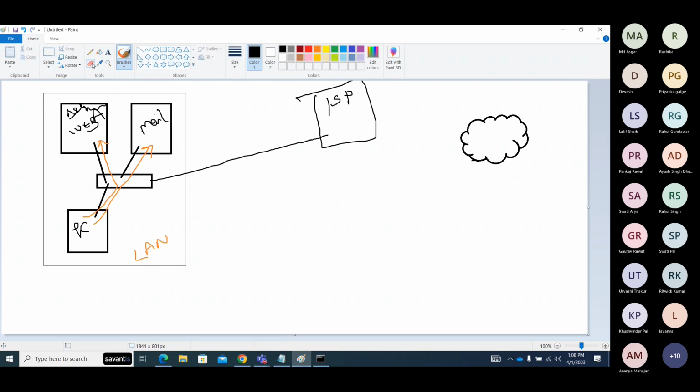Of course, without a service provider, we can't connect.